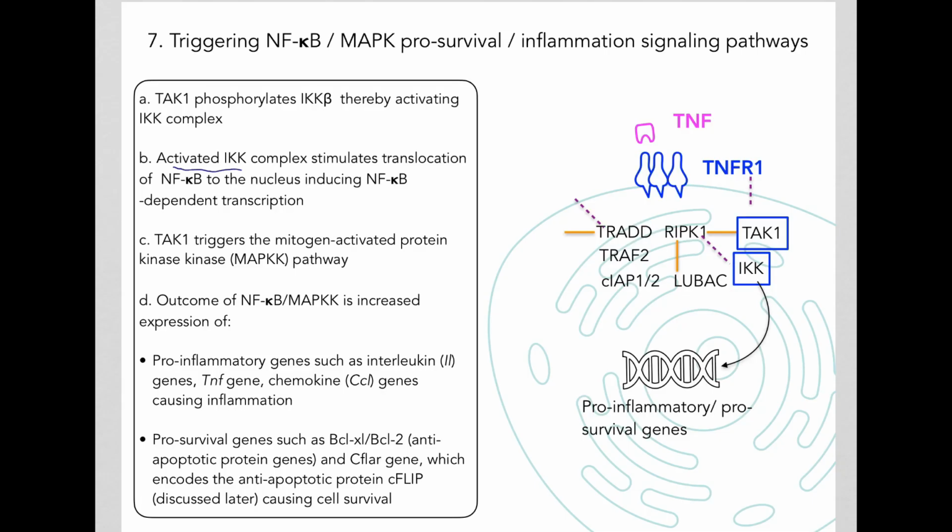The activated IKK complex will then stimulate the translocation or the movement of NF kappa B to the nucleus. And once it goes to the nucleus, it will induce NF kappa B dependent transcription of various genes. Meanwhile, TAK1 will trigger the mitogen activated protein kinase pathway or the MAPK pathway.